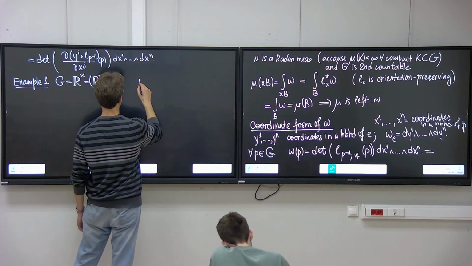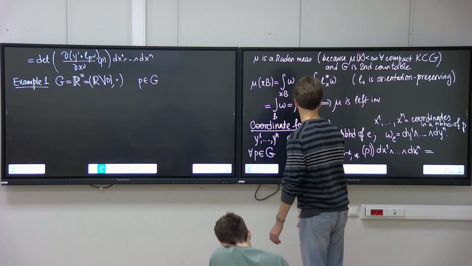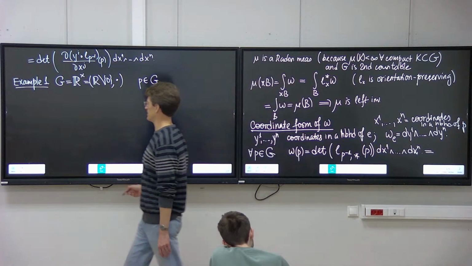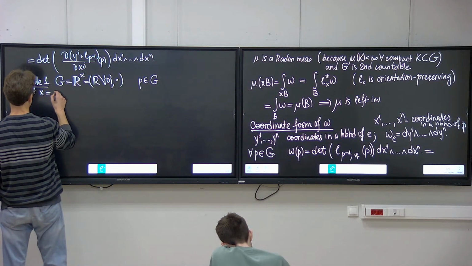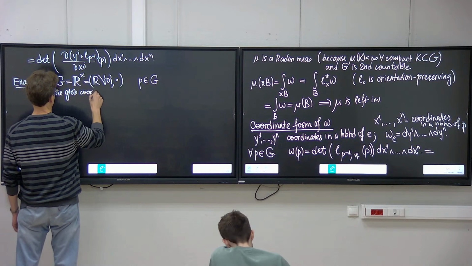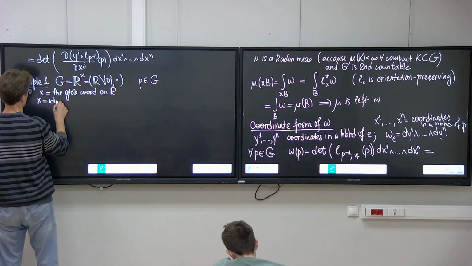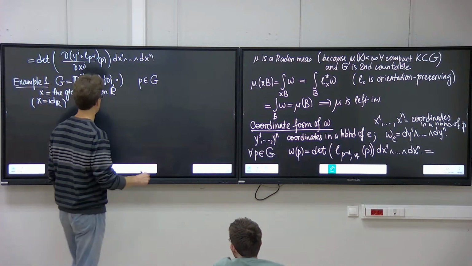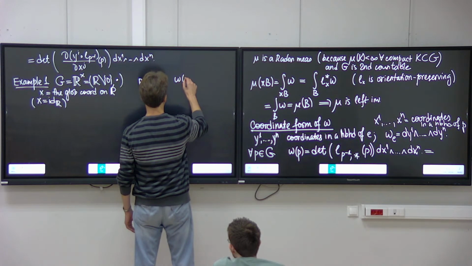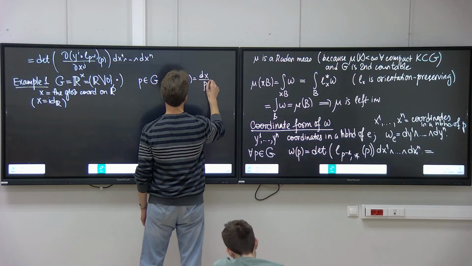If I take P, then this map is just a multiplication by P inverse, that is, the division by P. If x is the global coordinate on R, which is just the identity map of R, then by using our formula, we see that omega of P is dx over P.